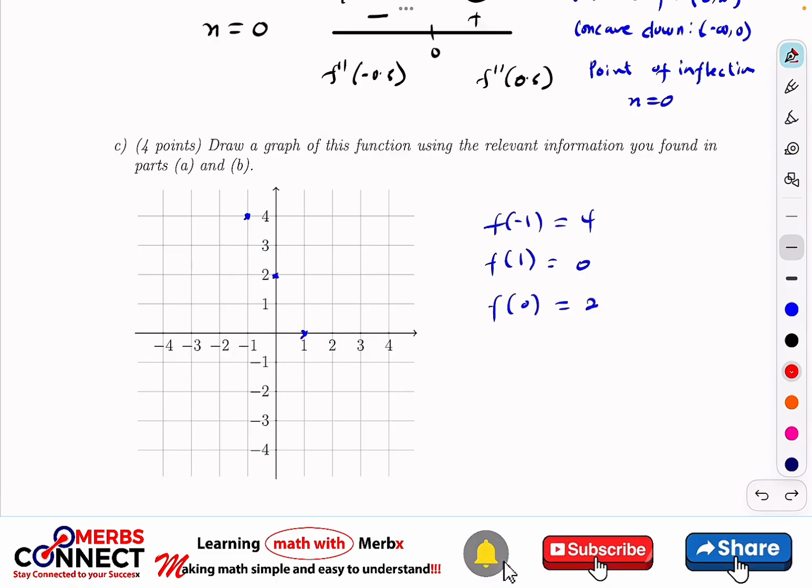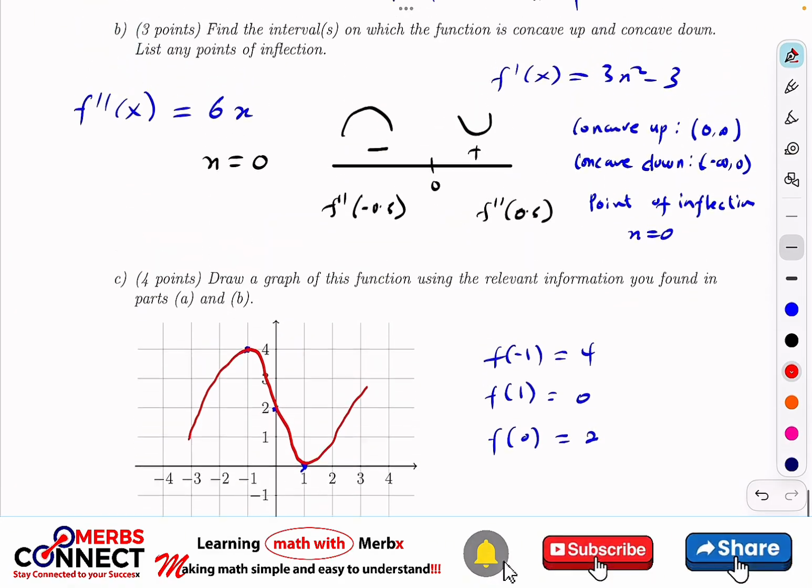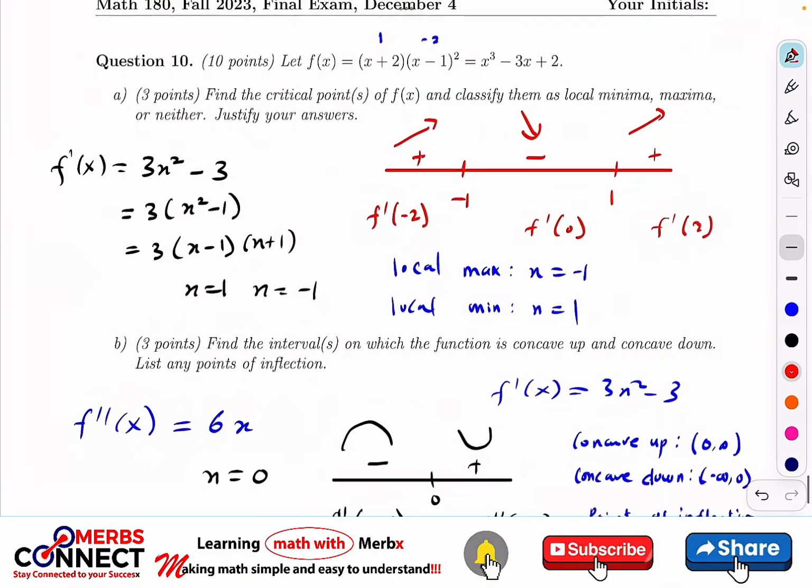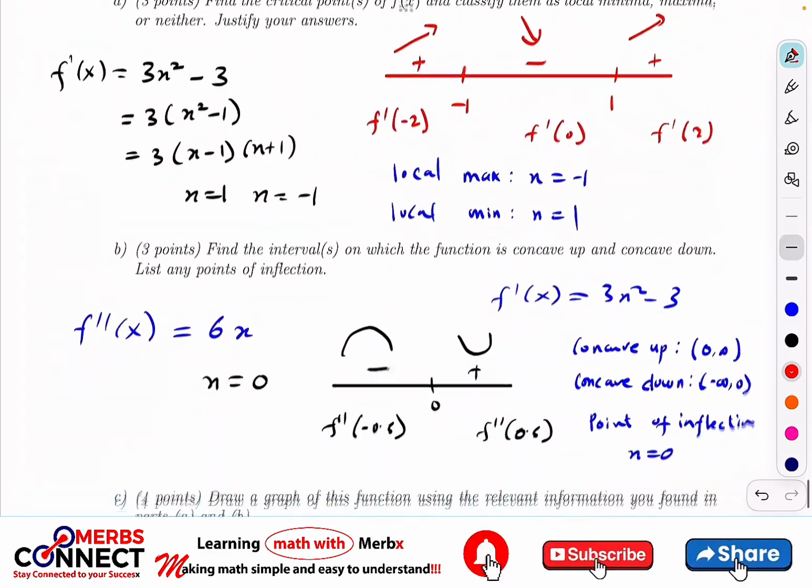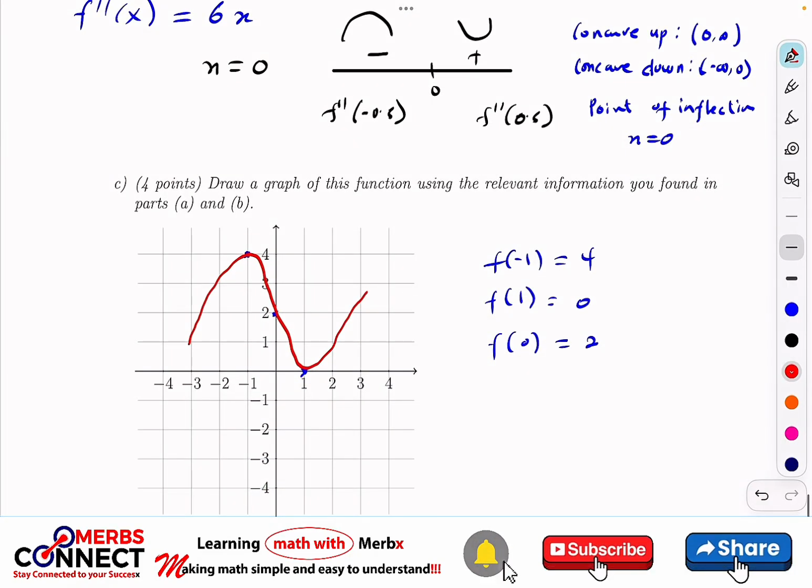So let me just try and sketch this side. Good. So this is how the graph should be looking like. Yeah. So this is what you are going to have.